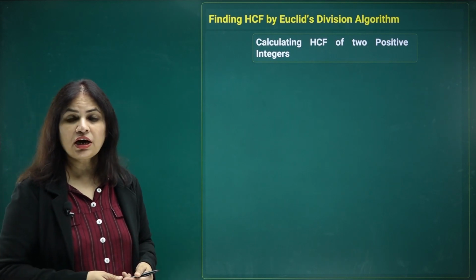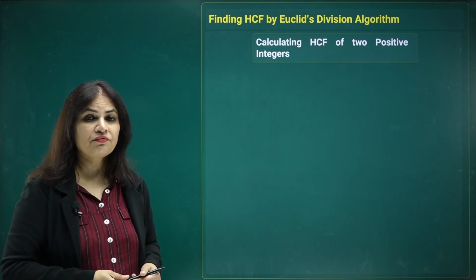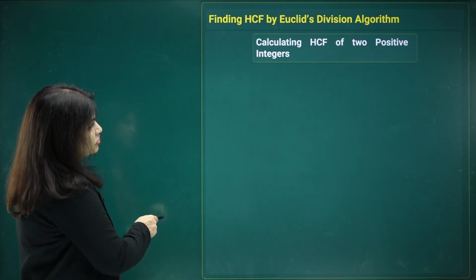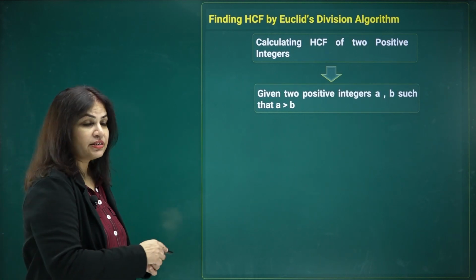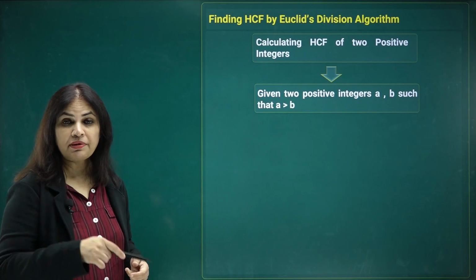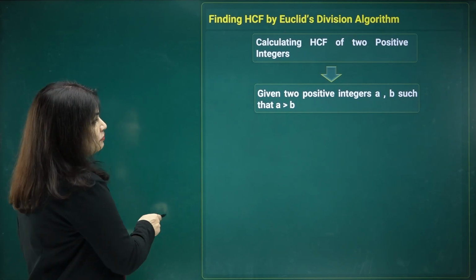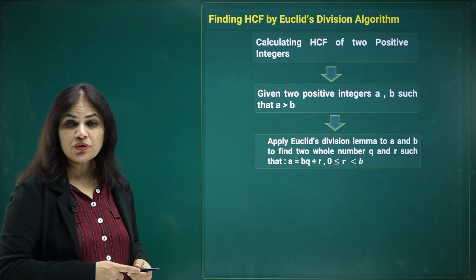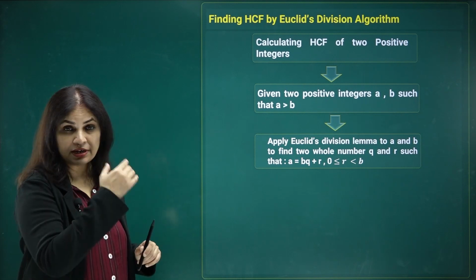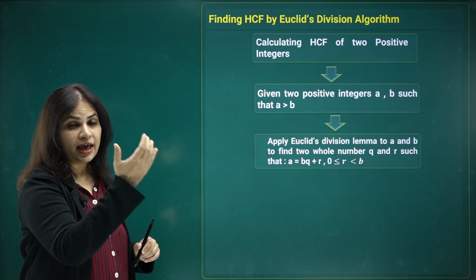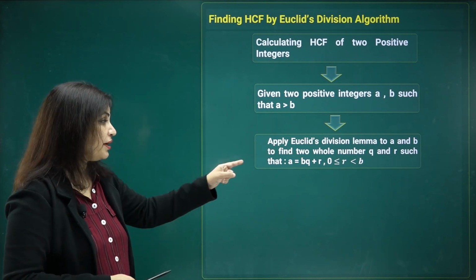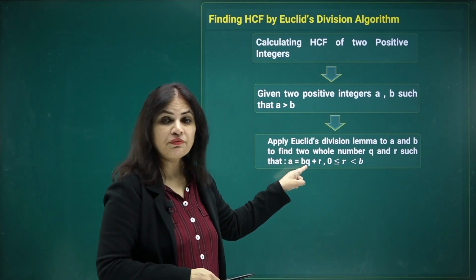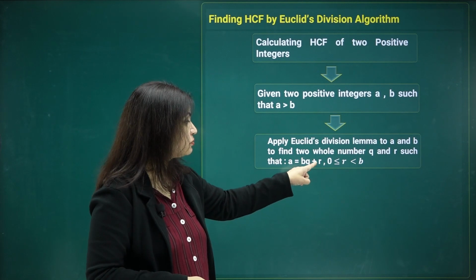So we have learnt how to calculate the HCF of two positive integers. Given two positive integers A and B such that A is greater than B, in our case 520 was greater than 140, apply Euclid's division lemma. We divided 520 as 140 into 3 plus 100 in the first step, where A was 520, B was 140, Q was 3 and R was 100.